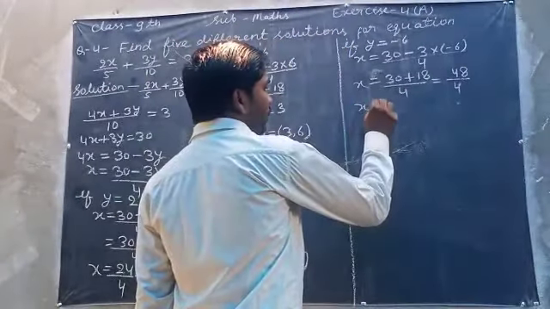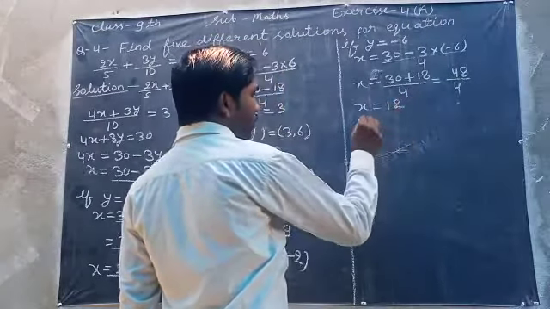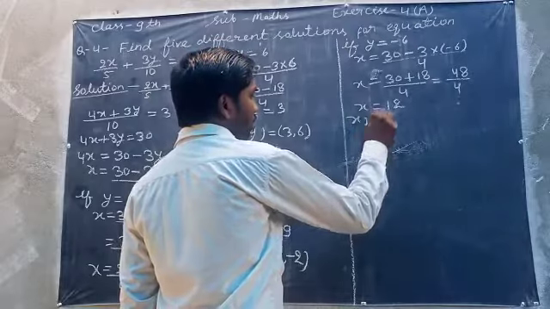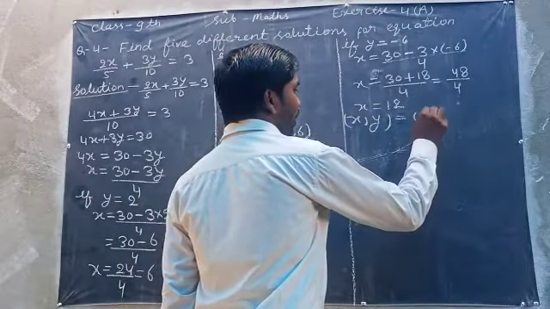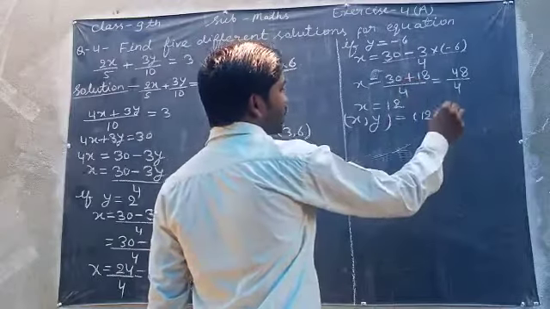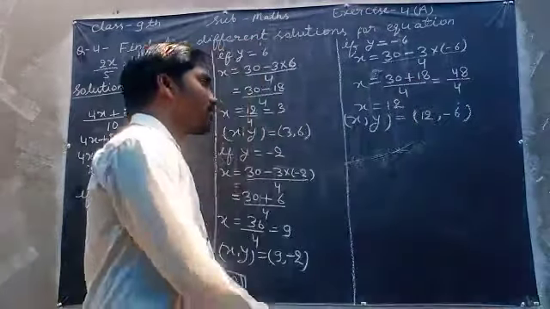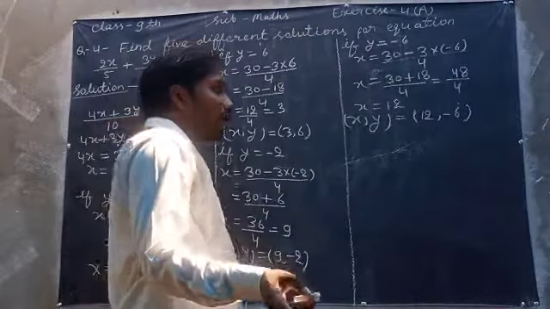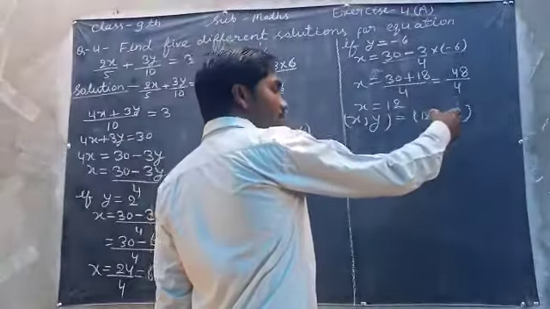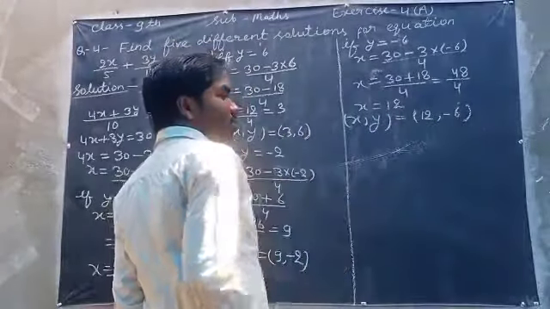And from here, 12 fours are 48, so x is equal to 12. So our solution is 12 and, in this case, y is equal to minus 6, so (12, minus 6). We have to always put the value of x first and after that the value of y. So this is our fourth solution.